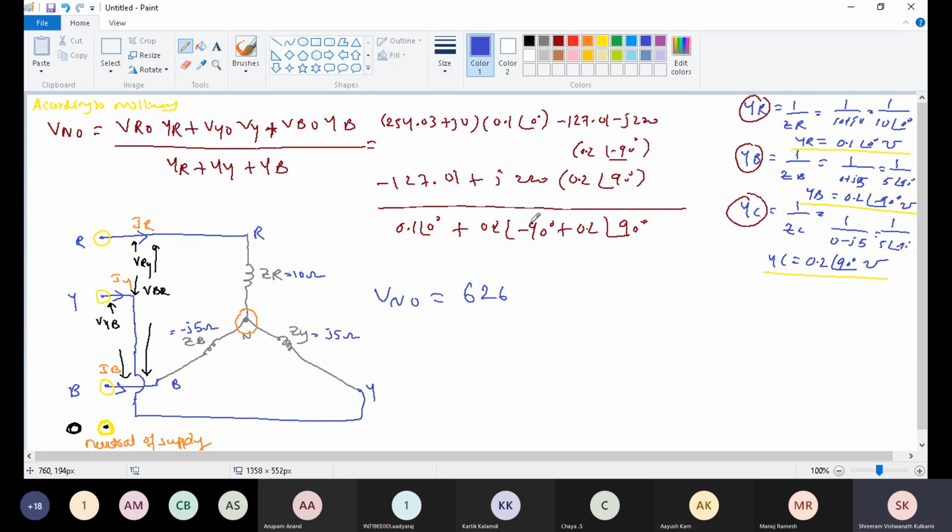See, you need to calculate and maintain the notes for exam. 626 angle of 0 degree volts. That is, I can simply write in rectangular form as 626 plus J0 volts. This is VN naught.